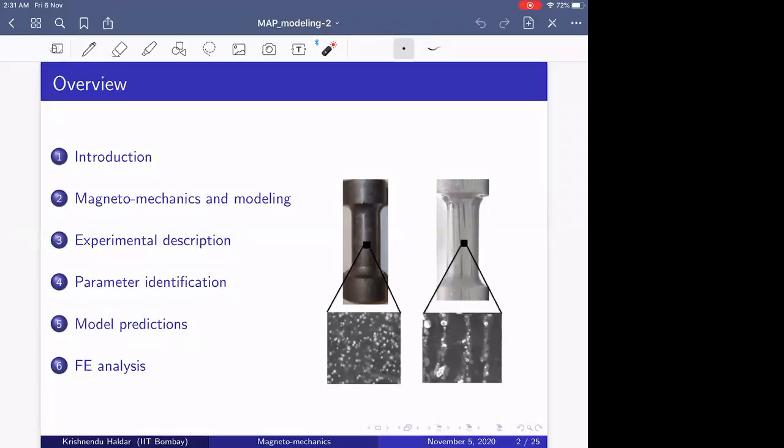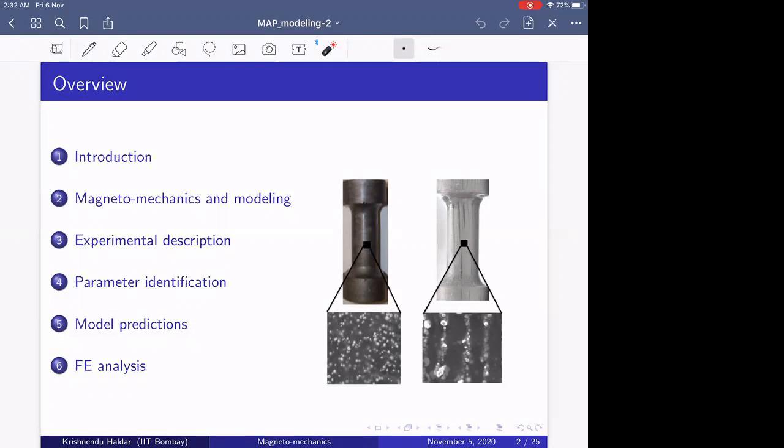So the outline of the talk is kind of like this. I will briefly introduce you to this material, Magneto-Active polymers. Then I will briefly discuss the magnetomechanics, or one approach of modeling such magnetomechanics involved with this polymer deformation, both in terms of magnetic field as well as mechanical forces.